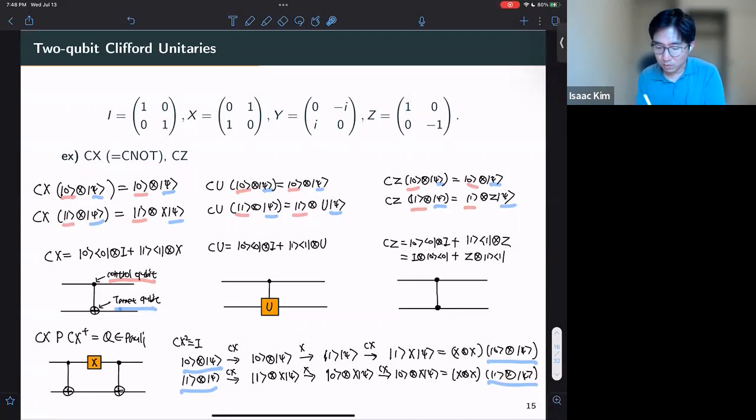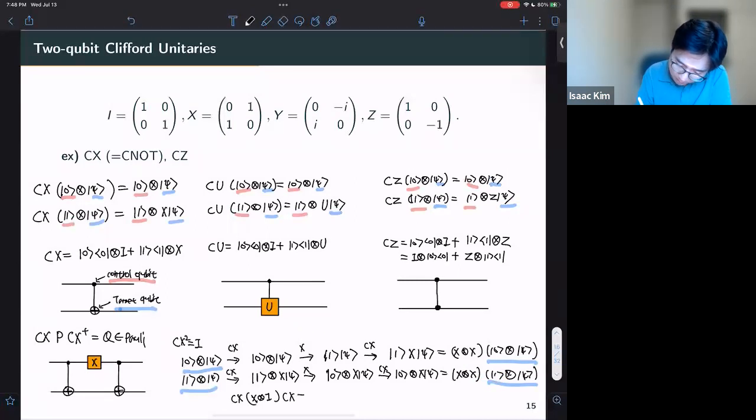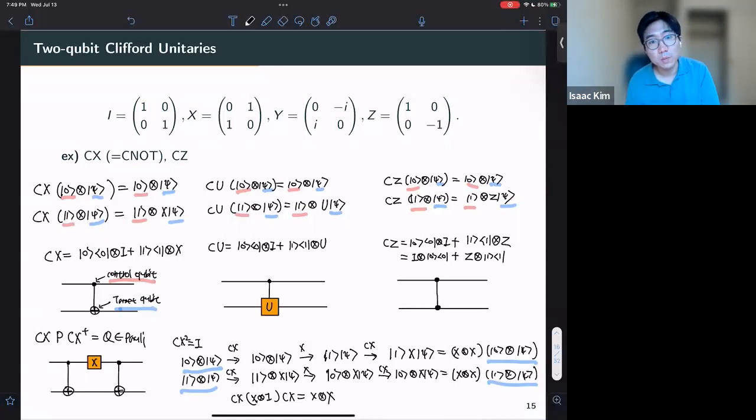And because these relations hold for all possible states in the Hilbert space, we have concluded that Cx (X tensor I) Cx is equal to X tensor X for the entire set of states. And so this is really a correct equation as an operator.